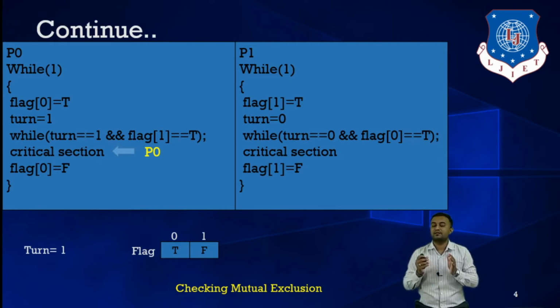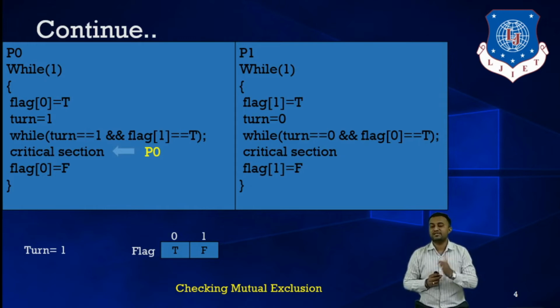It will start using the shared resource. You can see I have denoted P0 in yellow color. Right now it is in the critical section, which means it is using shared resources. At this particular moment, while P0 is using shared resources, suppose context switching happens, and now P1 forcefully preempts the execution of P0.